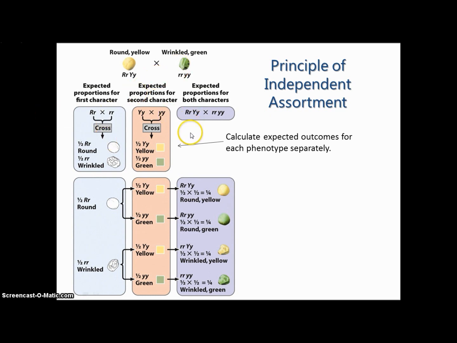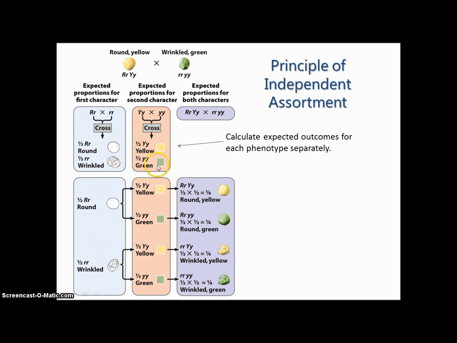And what we want to do is calculate the expected outcomes for this cross independently. So the big R, little r crossed with the little r, little r is going to give you 1/2 big R, little r, and 1/2 little r, little r. And you can calculate that based on the probability of getting a big R from this individual, the probability of little r from this individual, that gives you 1/2, and the probability of getting a little r from this individual and a little r from this individual, that also gives you 1/2, which is what we did in the previous slide.